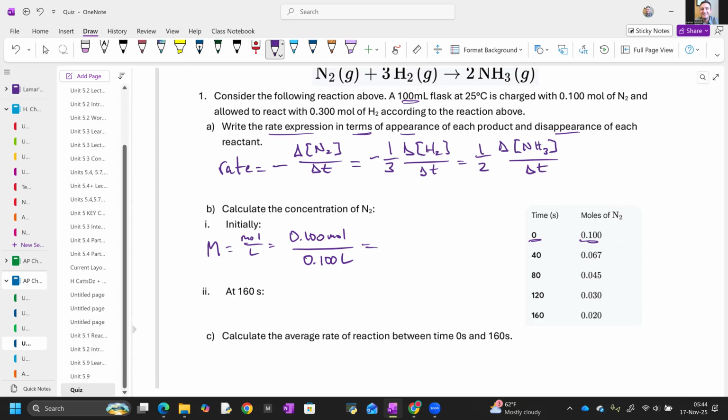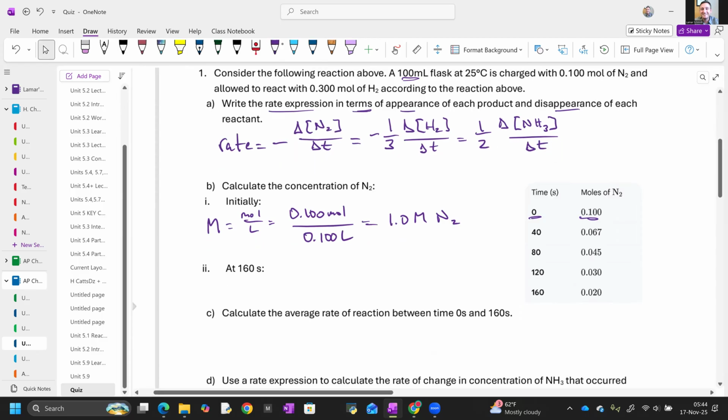We cannot put 100 milliliters in here. We have to convert that to liters because concentration is moles per liter, not moles per milliliter. And so 0.1 divided by 0.1 is 1 molar. This is of N2.